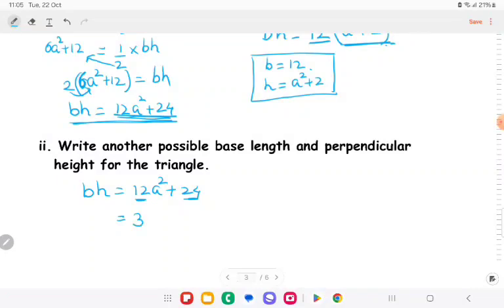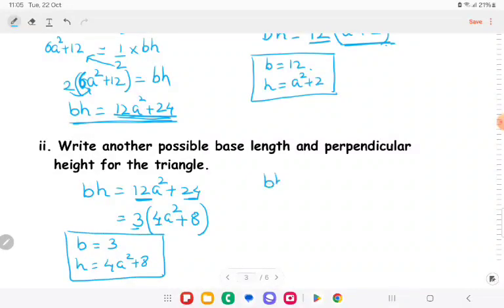So I'll try with 3. I bring 3 out. Inside 4a square, 3 into 4 makes the 12 and 3 into 8 makes the 24. So possible base could be 3, possible height could be 4a square plus 8.